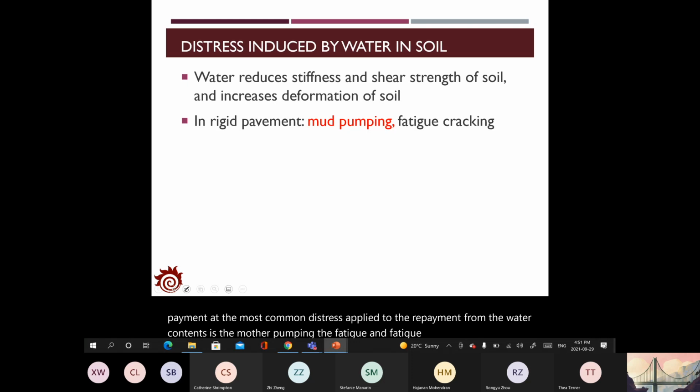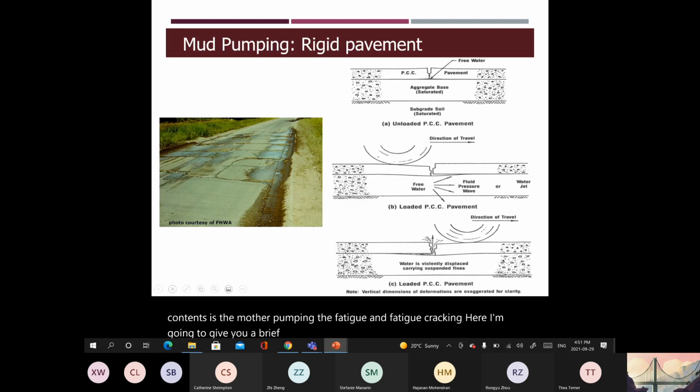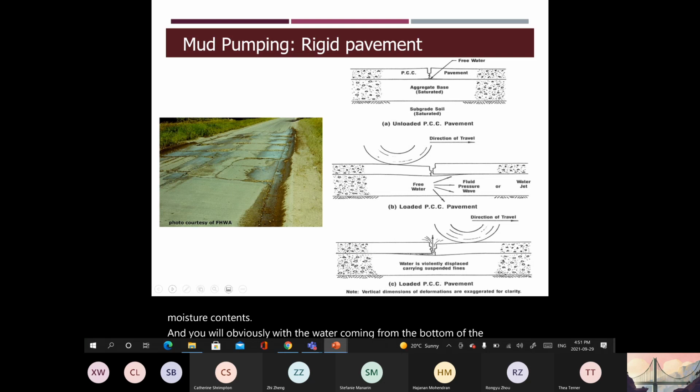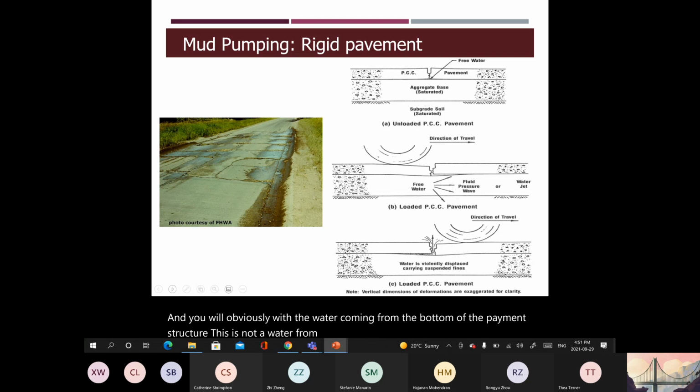Here I'm going to give you a brief introduction about how mud pumping is generated. The figure on the left shows some typical mud pumping effect from the moisture contents, and you will observe the water coming from the bottom of the pavement structure. This is not water from the rainfall. Instead, it's from the subground, from the groundwater under the pavement structure.